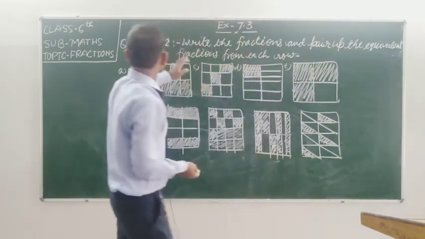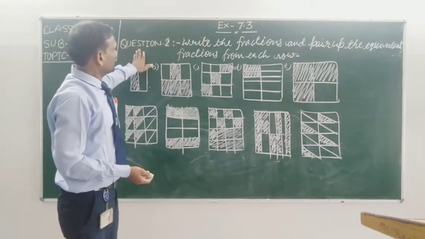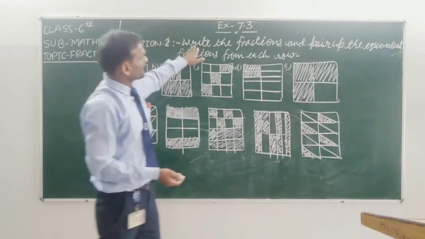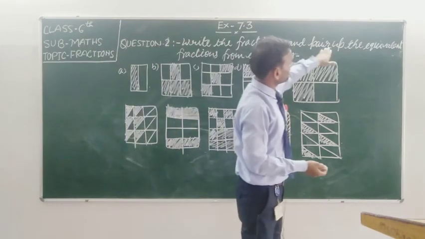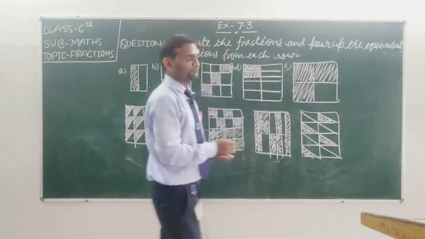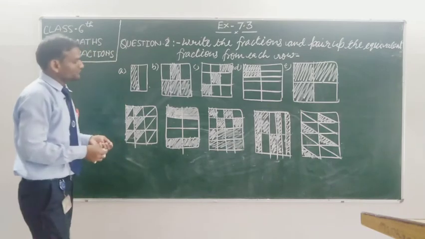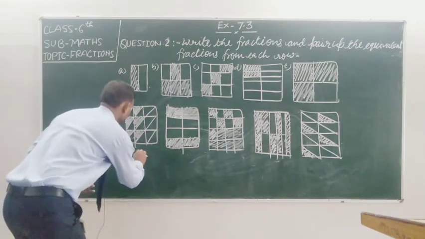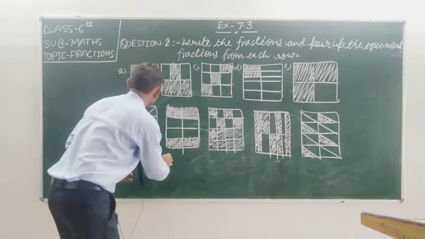Now, student, the question is saying write the fractions and pair up the equivalent fractions of each row. So, student, firstly, we need to write the fraction.